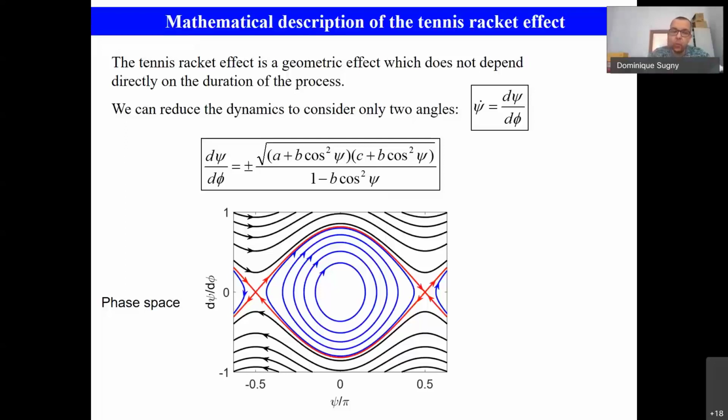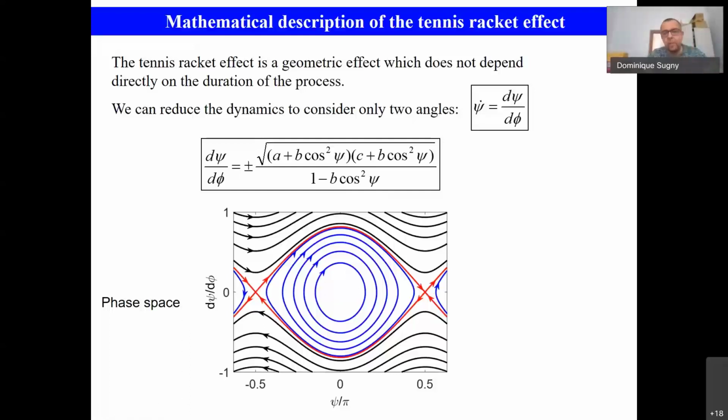So that's why we can reduce the dynamics, and we can consider only 2 angles, psi and phi, and we can introduce a kind of momentum that I call psi dot. And psi dot is just the derivative of the angle psi with respect to phi.